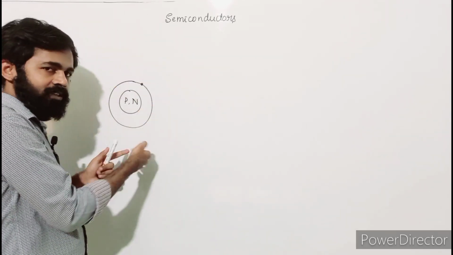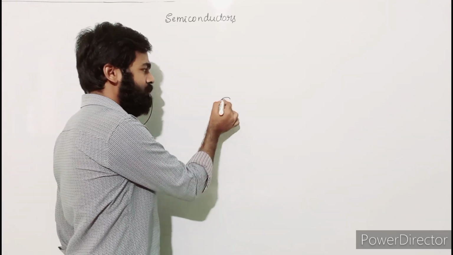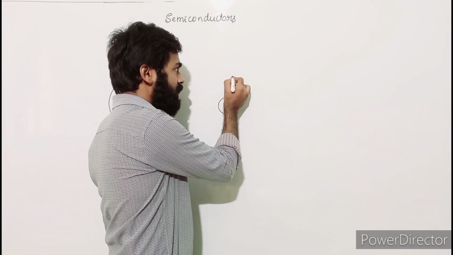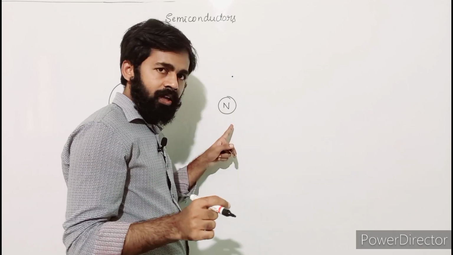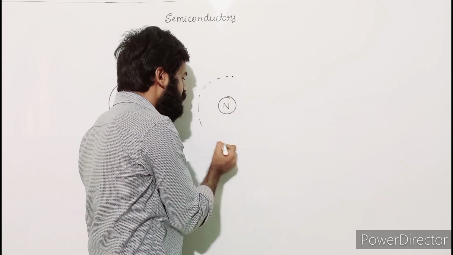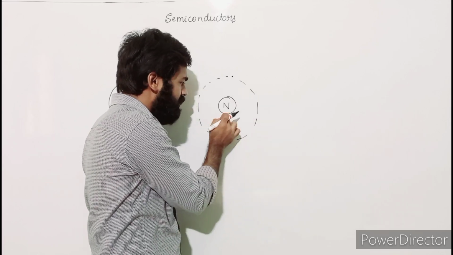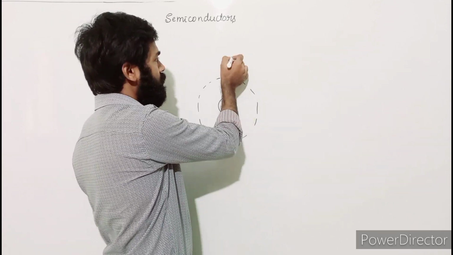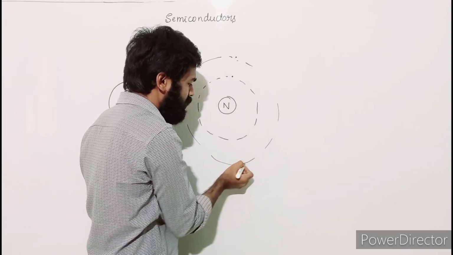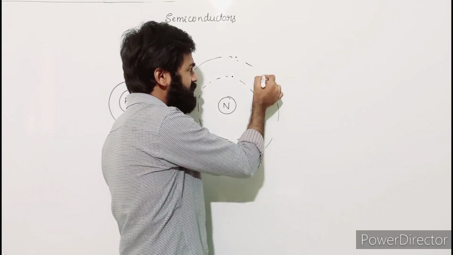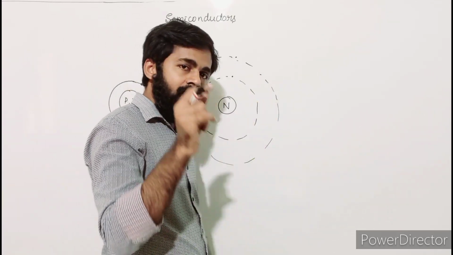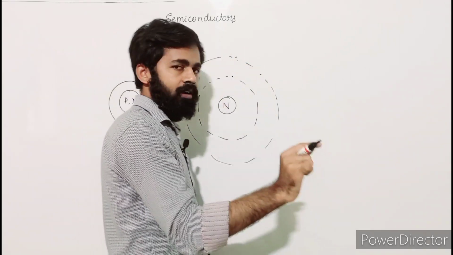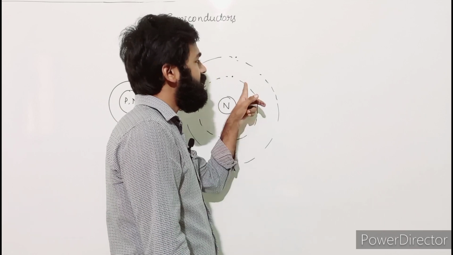In an isolated atom, the energy levels are discrete. Let's say there is some nucleus here. The electron revolves around the nucleus only in a particular orbit or shell at a particular distance, and one more electron may be revolving around the nucleus in one more orbit or energy level, but it cannot revolve around the nucleus between these two levels.